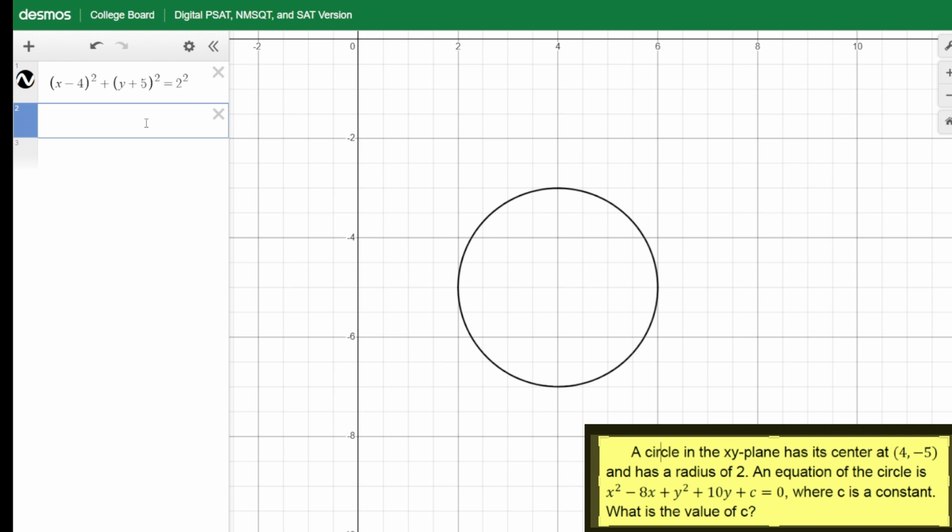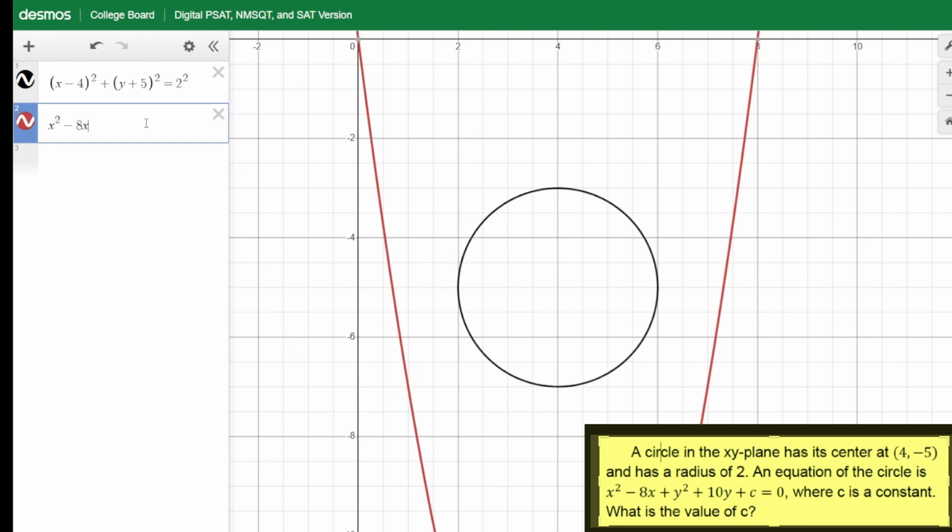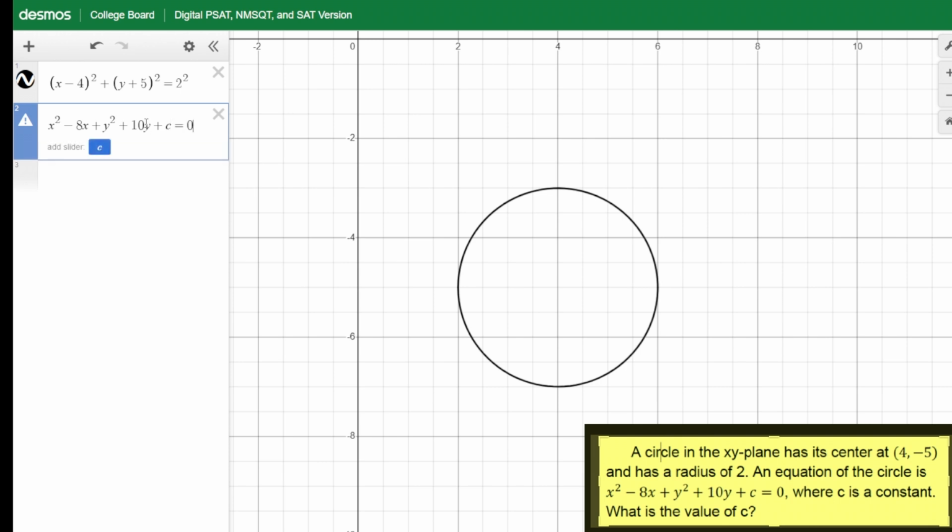And this circle has to match the equation of the circle that's given in the problem, which is x squared minus 8x plus y squared plus 10y plus c equals 0.